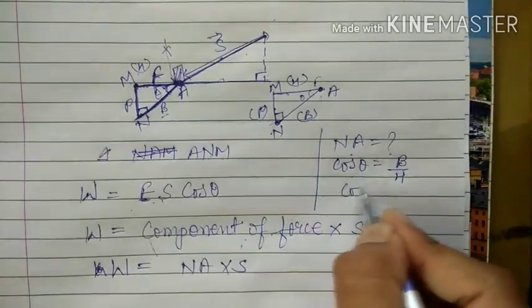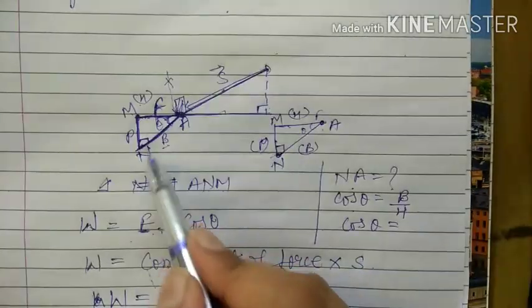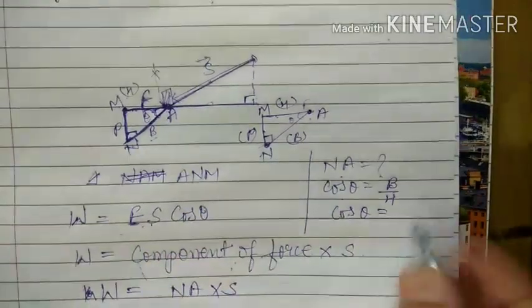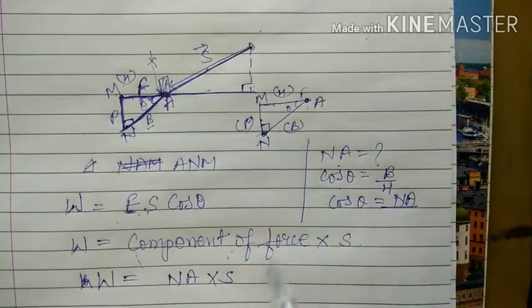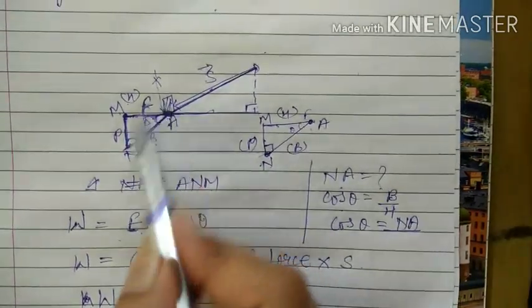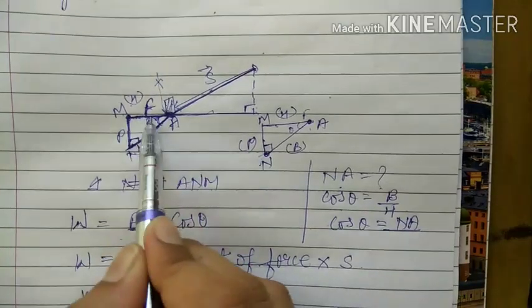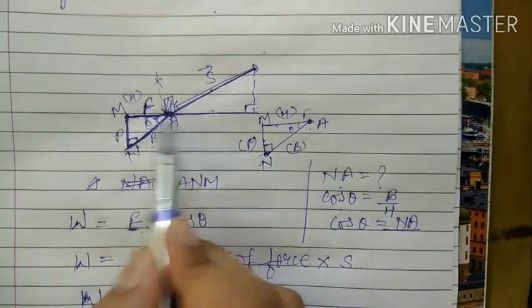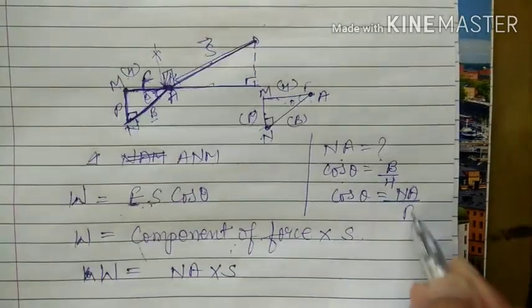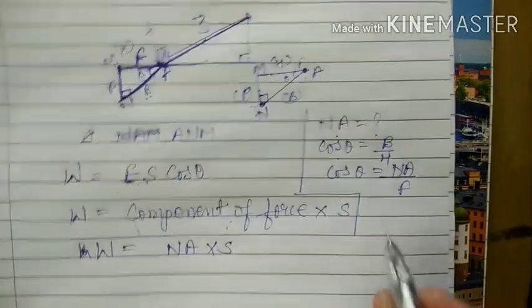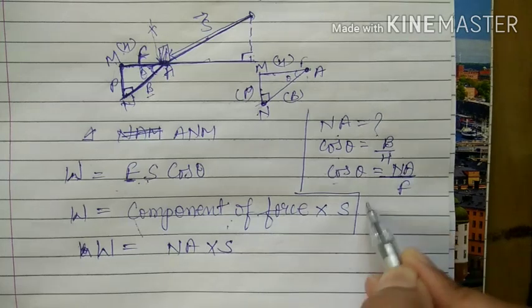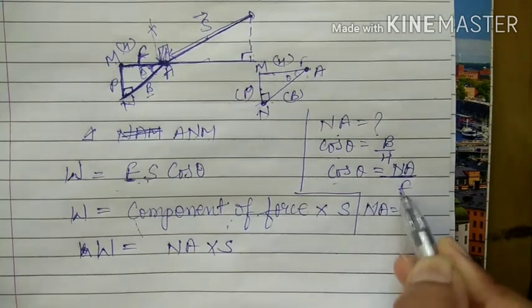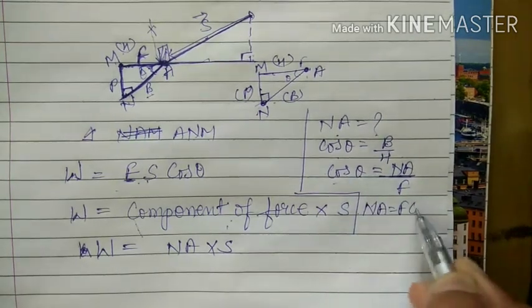So cos theta is equal to base, that is NA, and the other one is the hypotenuse, and the hypotenuse is F. We know that the amount of force applied is F, so we write F here. Okay. From here, can you calculate the value of NA? Of course you can. NA is equal to F into cos theta.